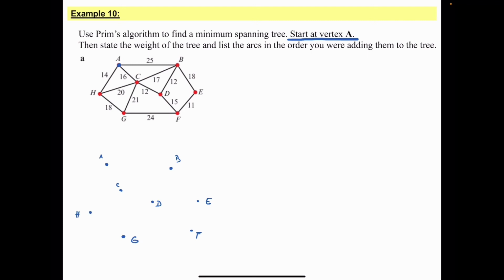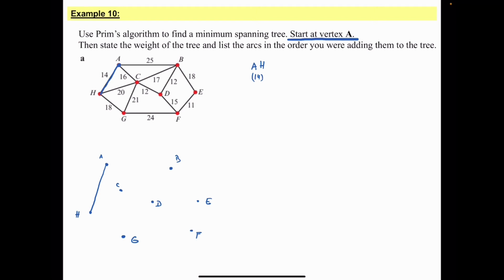Since I'm starting from A, the shortest possible one is AH. Do not forget to record the order of the arcs, because it's very difficult to recover it once you are finished with the whole tree. So now I have AH, and I'm looking for the vertex that I can connect.